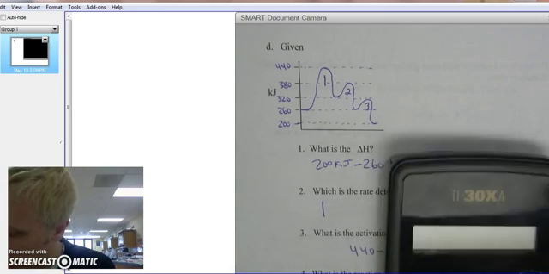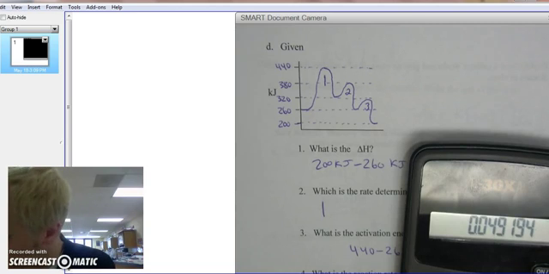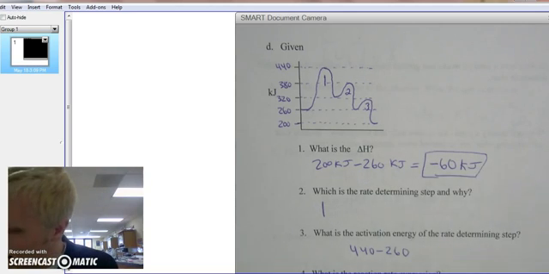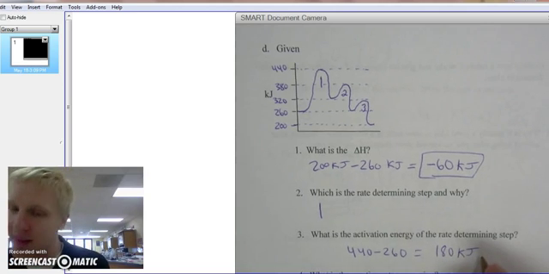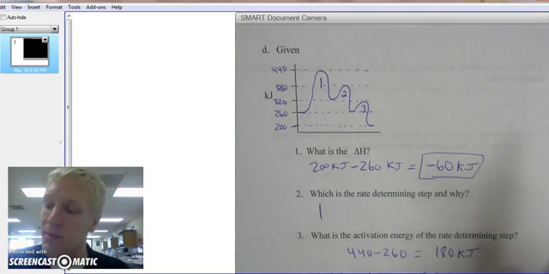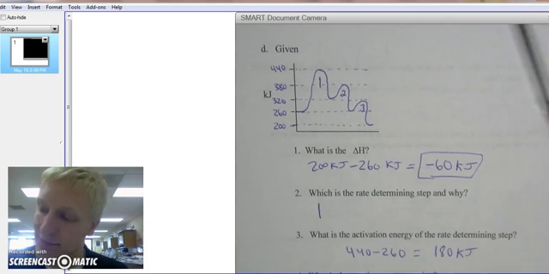In that case, you just take a calculator that you always bring to class anyways. Why not use it? Alright, 180 kilojoules is the activation energy of the rate determining step. And that's just a few examples on how to do mechanism problems.